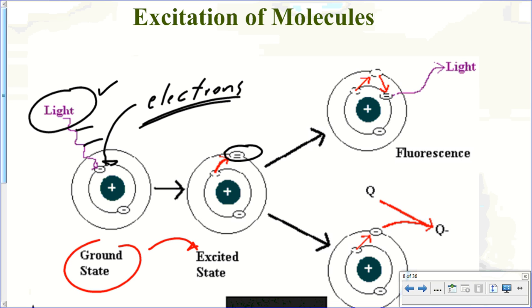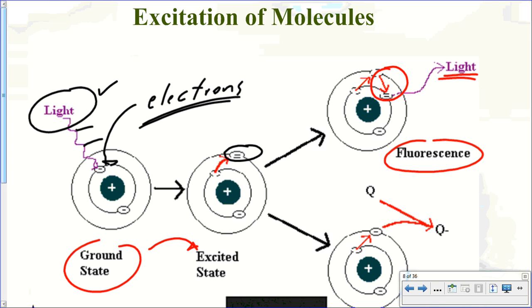So these high energy electrons, now they have two different possibilities. We can simply have those electrons fall back down again. So when those electrons fall back down from the excited state to the ground state, they have lost some of their energy. They have to have that energy going somewhere else. And usually where it goes to is it re-releases light once again. And when that happens, that's what's referred to as fluorescence.